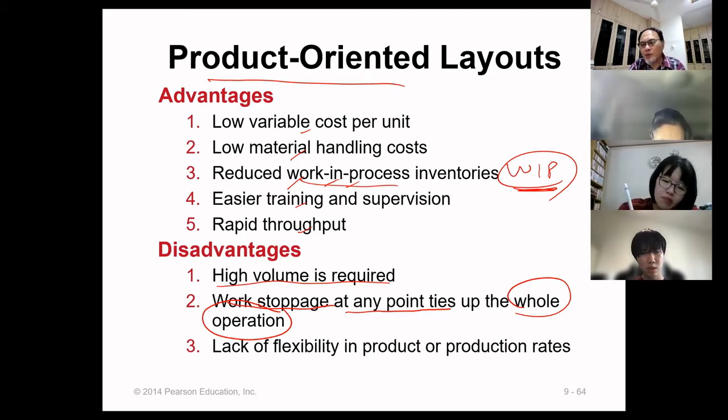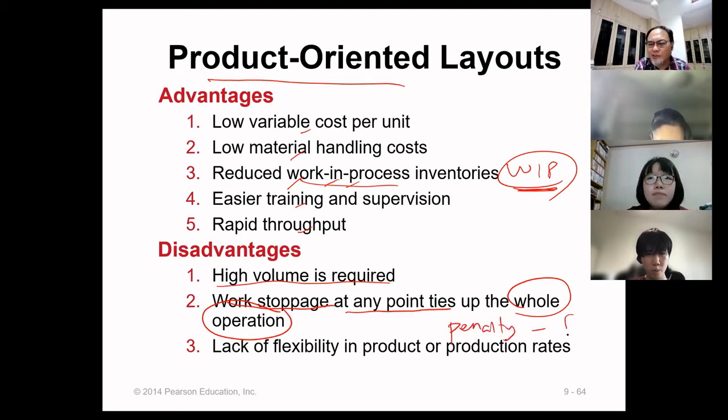You know, when I was working in Proton, that's what we always do. We try to make sure the production line doesn't stop. If a vendor delivers defective parts and it results in a line stop, there will be a penalty. That means there will be a fine.